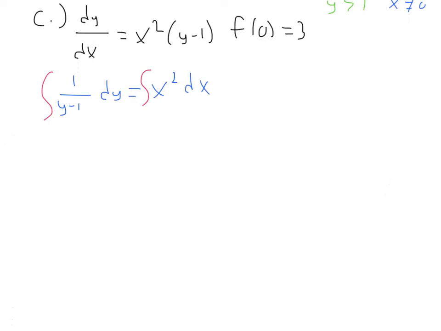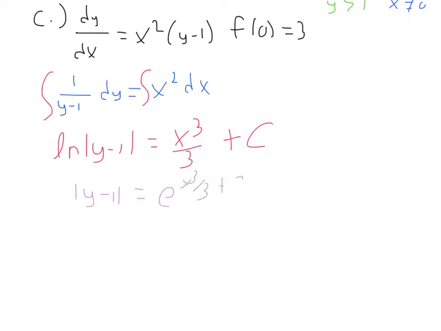The antiderivative of 1 over y minus 1 is the natural log, absolute value y minus 1. And this is going to be equal to x cubed over 3 plus our constant of integration. Using properties of logs, the absolute value of y minus 1 is equal to e to the x cubed over 3 plus c.